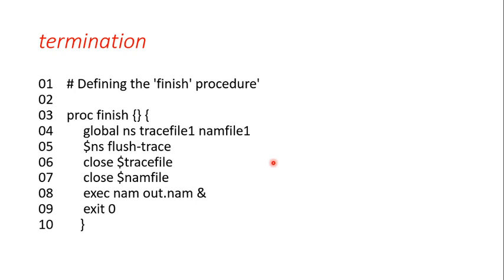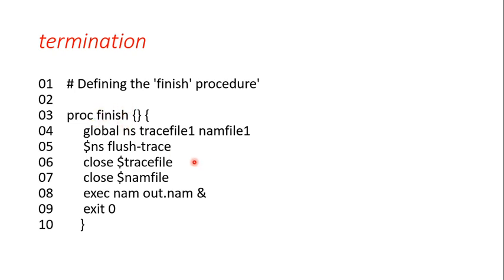After we know about the initialization, let us deal with the termination. Coming to the termination, you can terminate your complete simulation by using a separate procedure that you call a finish procedure. How do you define that finish procedure? It is by using the keyword proc, and this is the finish procedure.